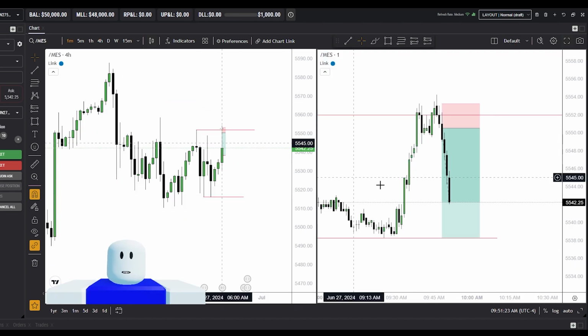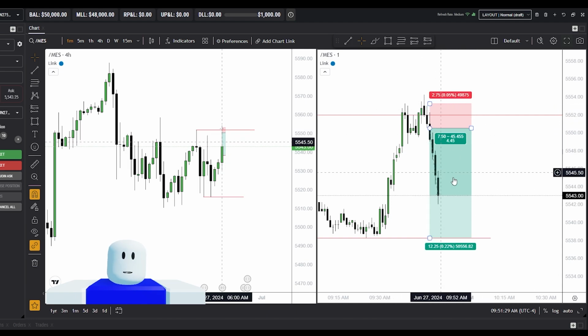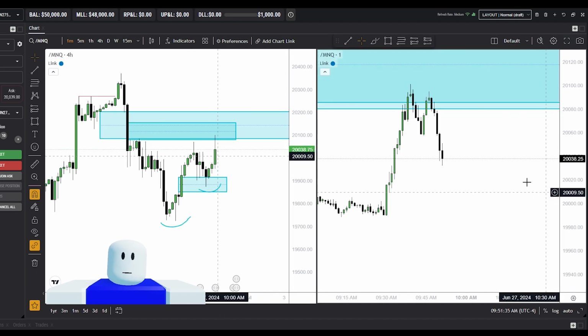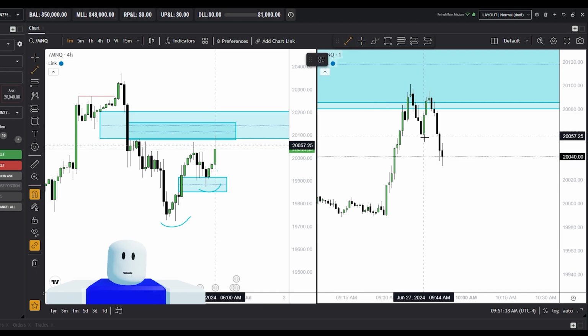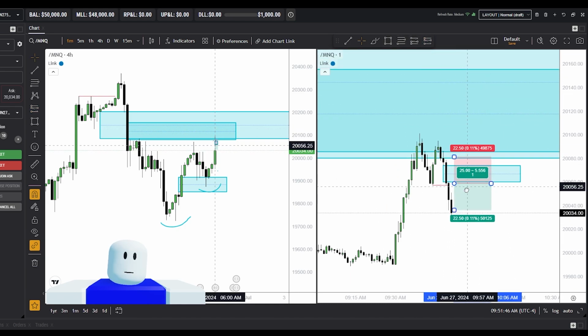Price broke lower. I was actually looking to take a short, but I was going to wait for a break and then a retracement, right? And as you can see, that just happened right here. Break. So if this was at 10 o'clock, I would likely just take this short.